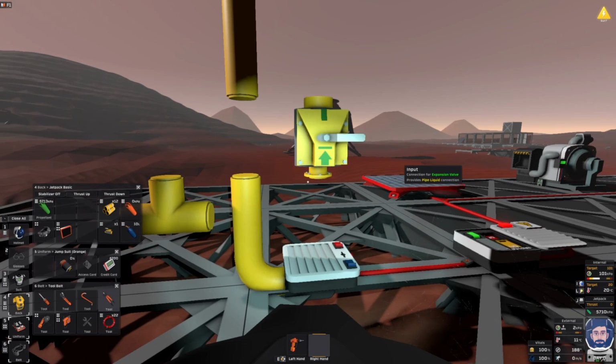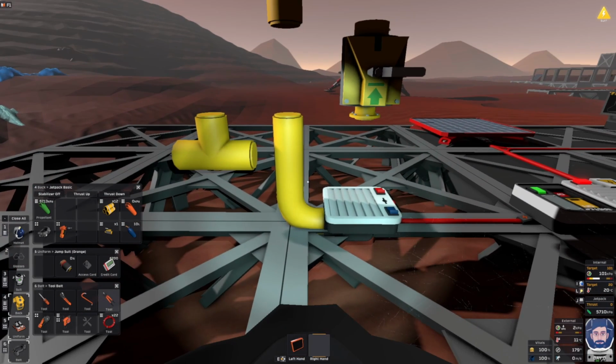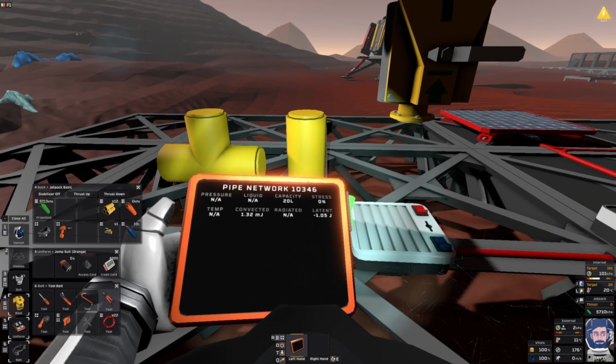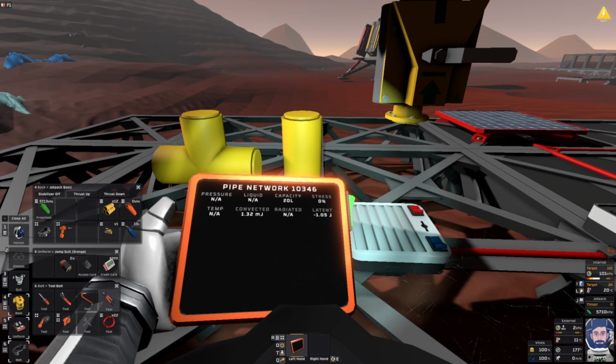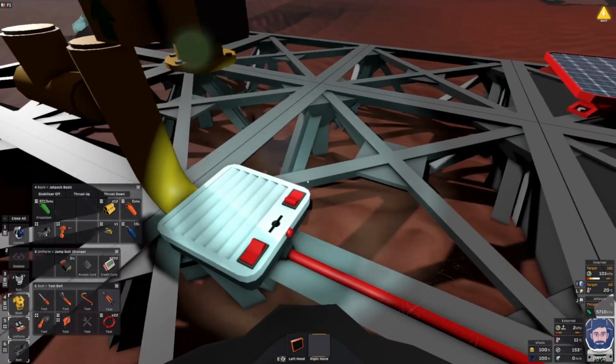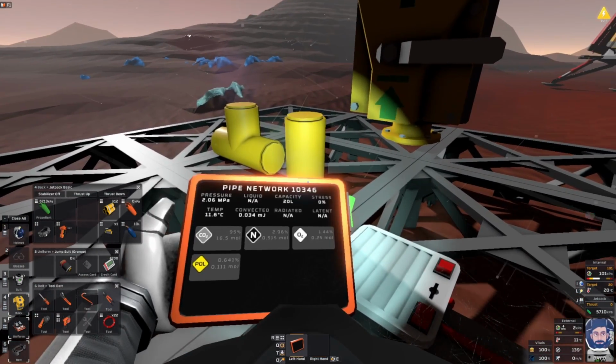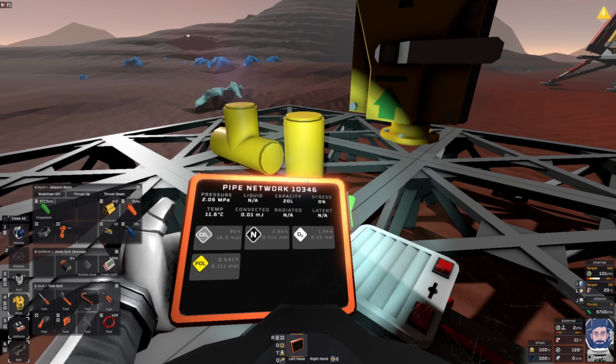So let's put that into action. Let's once again pump some of the atmosphere in this pipe. Right now it is empty. I'm going to switch to intake and pump a little bit. Right now we have 2.06 megapascals.